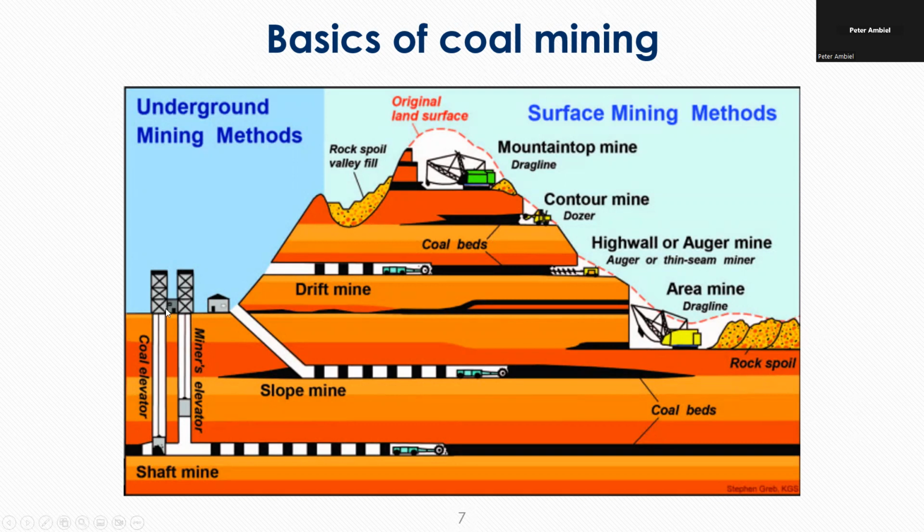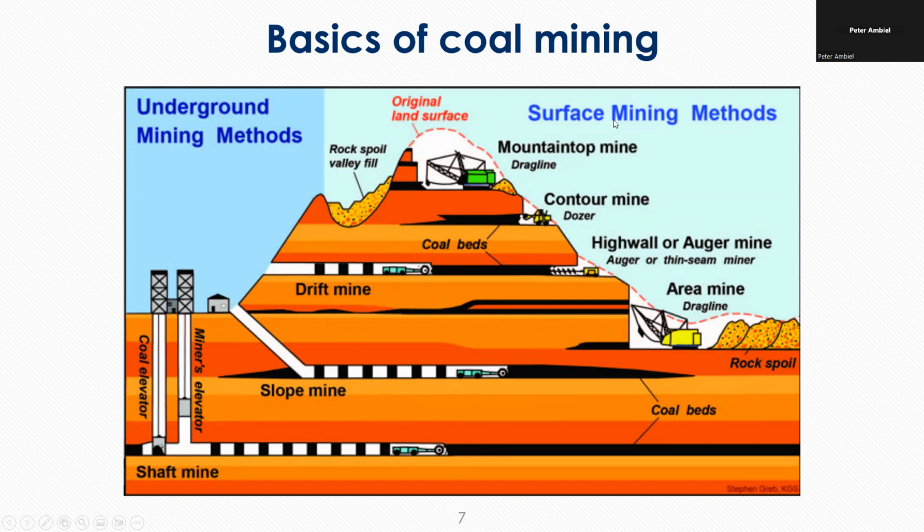So underground, typically you're either drilling down or drilling straight through or drilling in a slope, but basically creating these tunnels to extract your resources, as you can see on the left side of the chart.